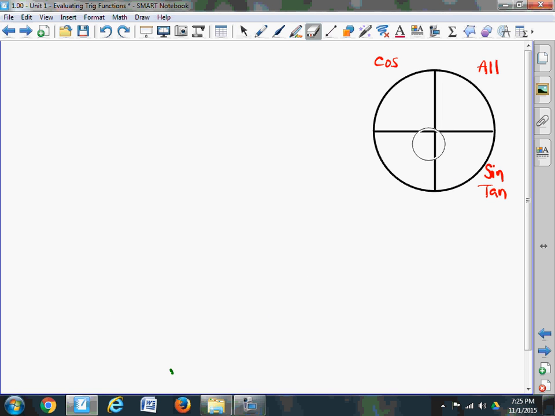So let's say this could be 5 pi over 4, or some coterminal angle with that. If I have the cosine of 5 pi over 4, that is equal to negative root 2 over 2.